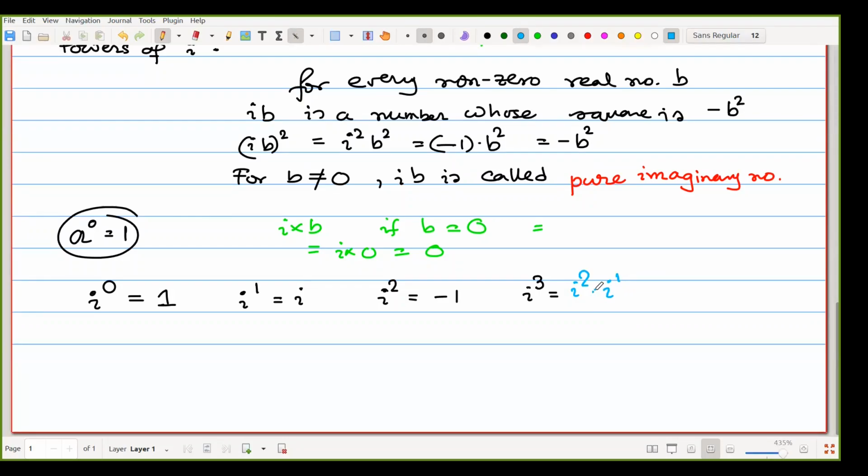That means i to the power 2 plus 1. So that is i to the power 2 into i to the power 1. Now i to the power 2, that means we already have -1, and i to the power 1 is equal to i. So we can write i to the power 3 or i cube as i.